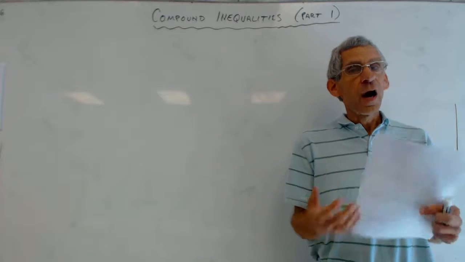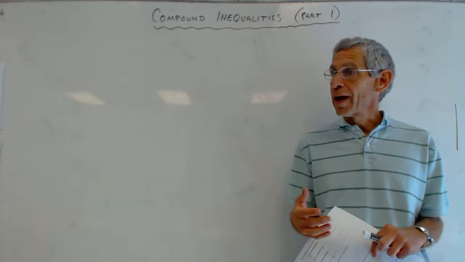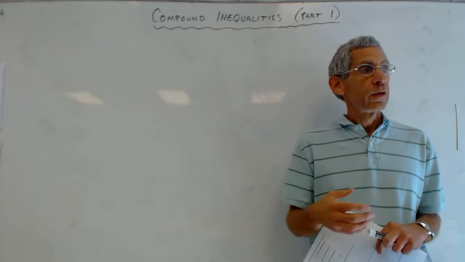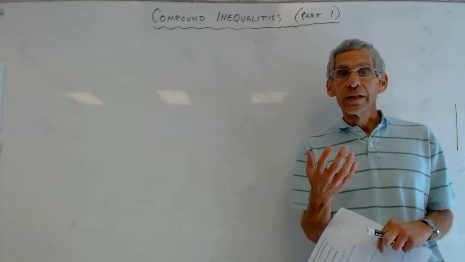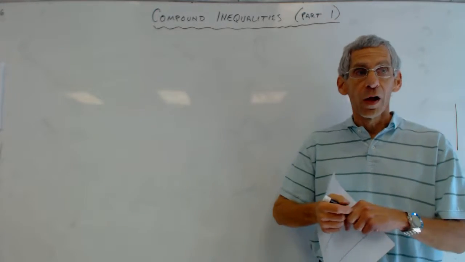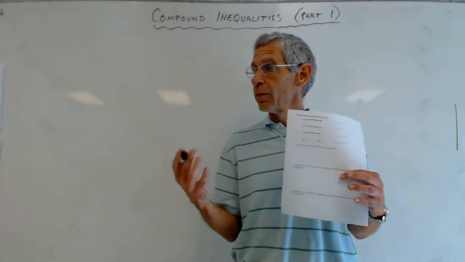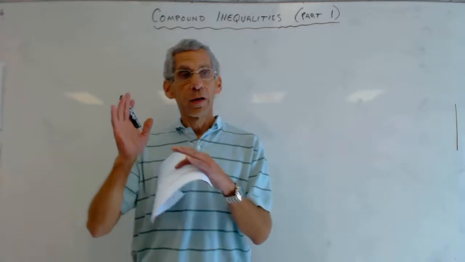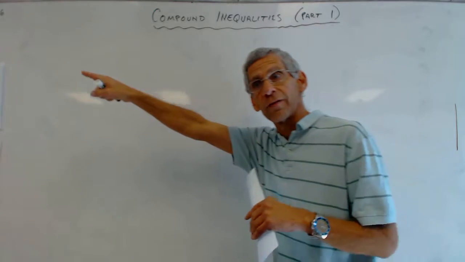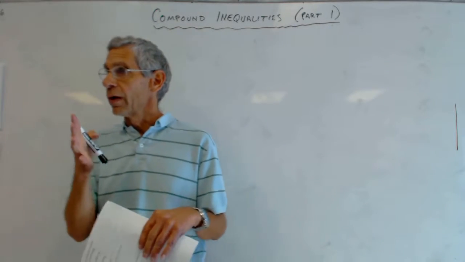So, compound inequalities. It's where you have more than one inequality at the same time. Before, when we had one inequality, we had an infinite number of answers, and it was either going all that way forever and ever, or all going this way forever and ever, starting from a point, right?